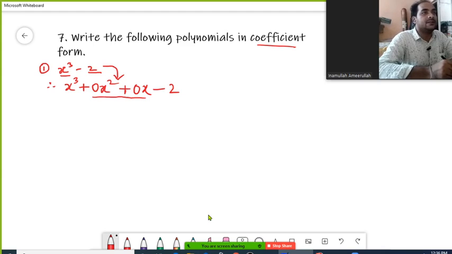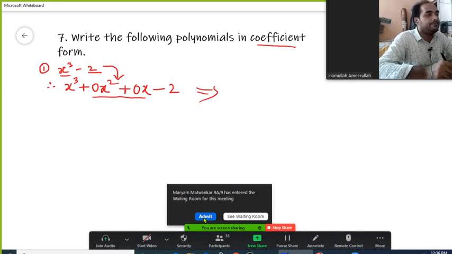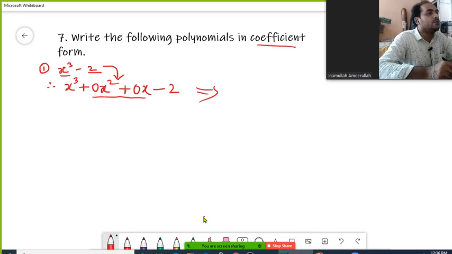It doesn't make any change in the original polynomial, because if you observe this polynomial, here we have x cube, then next is 0x square. If you multiply x square with 0, the entire value will become 0.